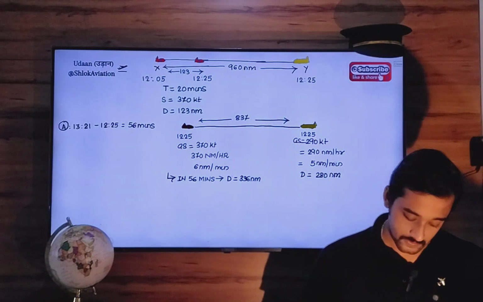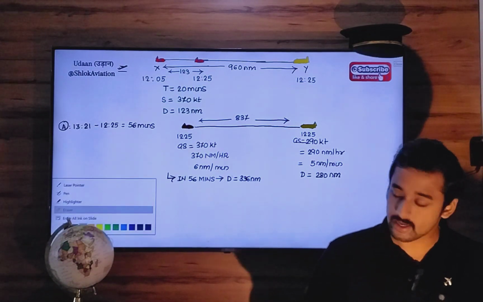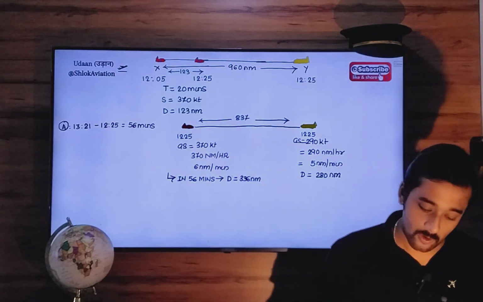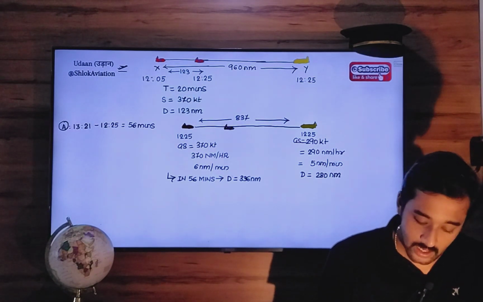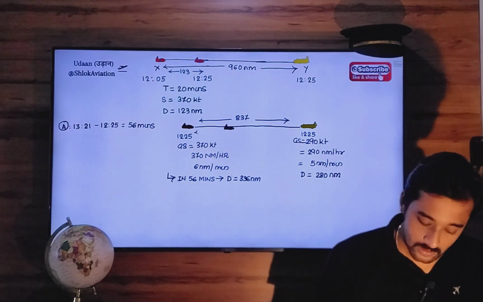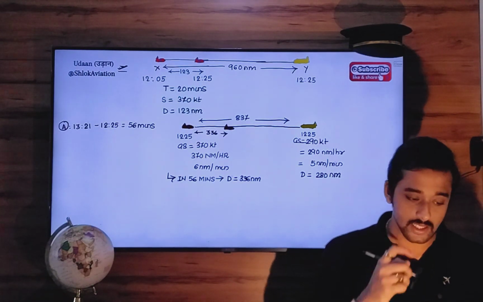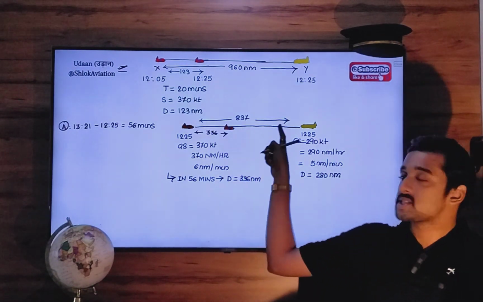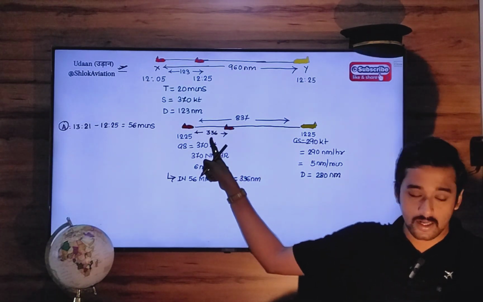So this aircraft will have traveled from this distance to, let's say, somewhere here, covering a total distance of 336 nautical miles. Now the remaining distance will be 501 nautical miles, 837 minus 336.